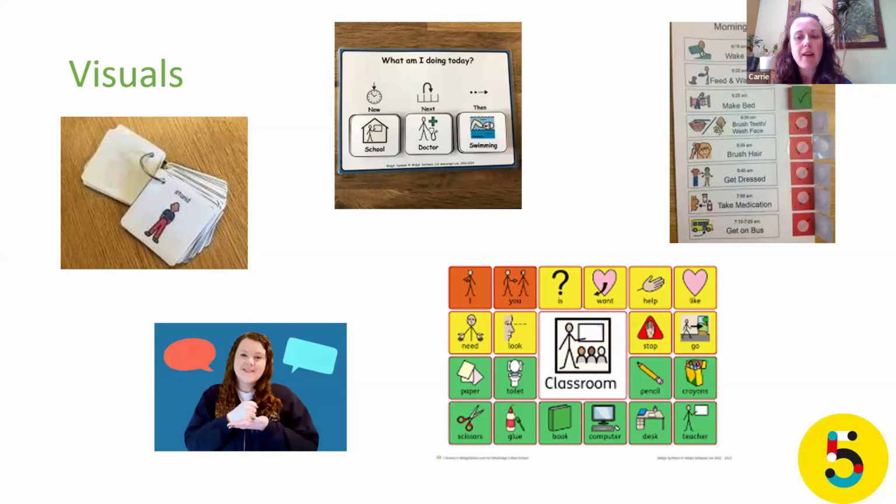In many of our settings, we have something called a communication board that you can see down the bottom. These help and support our children with being able to communicate themselves, but also when the adults are communicating, they will point to the relevant visuals to help and support that child as well.